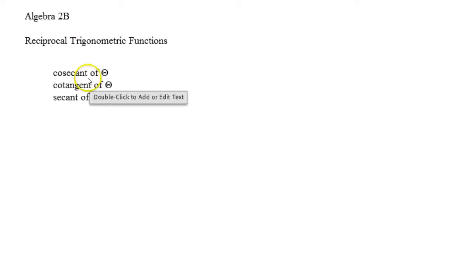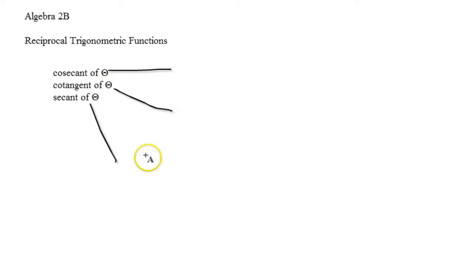Alright, so today we'll be talking about finishing up our chapter on periodic functions, and another example of some pretty easy ones are the reciprocal trig functions, okay? Just to point out that these are actually reciprocals, I'm going to write out what they're equal to.